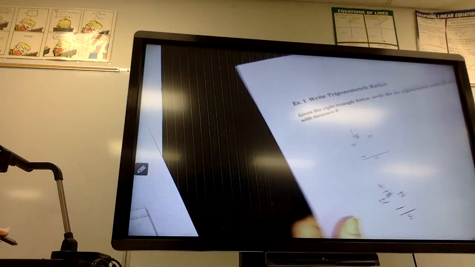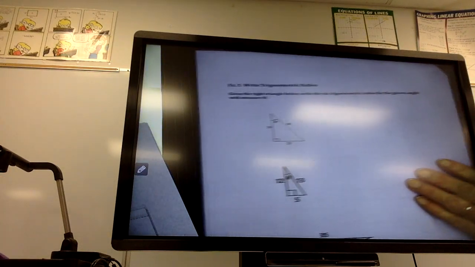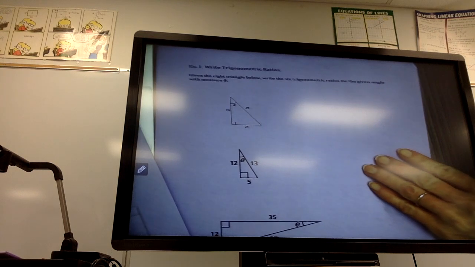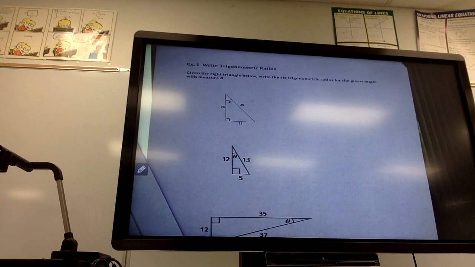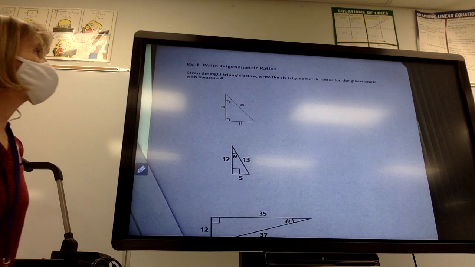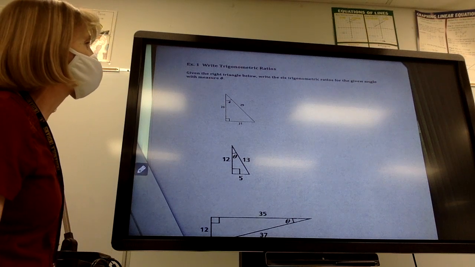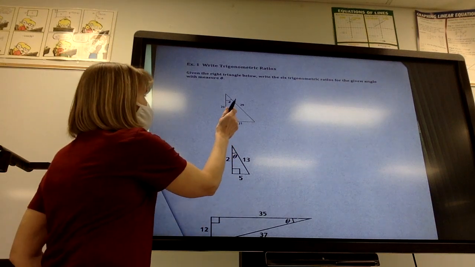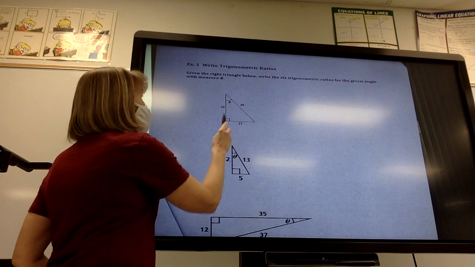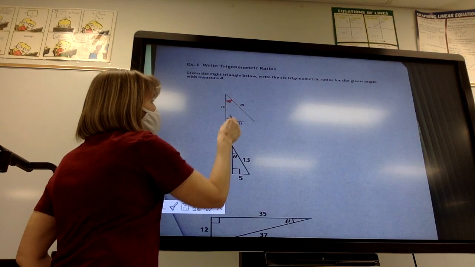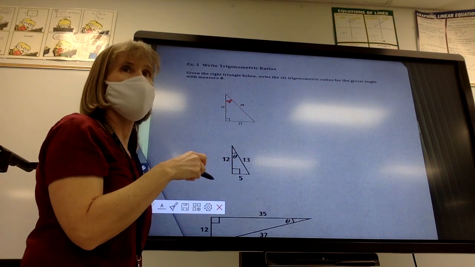Okay, so what you're going to do today says write trig ratios. Given the right triangle below, write the 6 trigonometric ratios for the given angle with measure theta. So here's where theta is, up here. So we're going to write all of our ratios in reference to that angle.